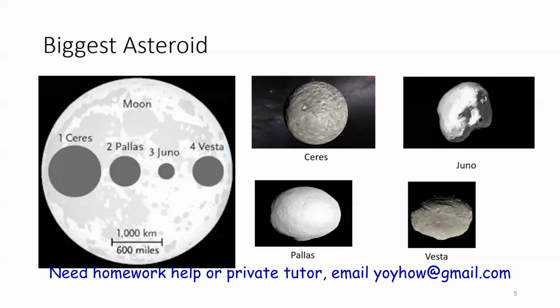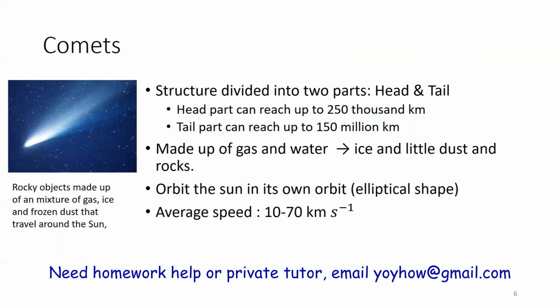So next, let us look at comets. What is a comet? A very distinctive feature of comets is that they have a tail like this. Later on we will see how the tail is formed.